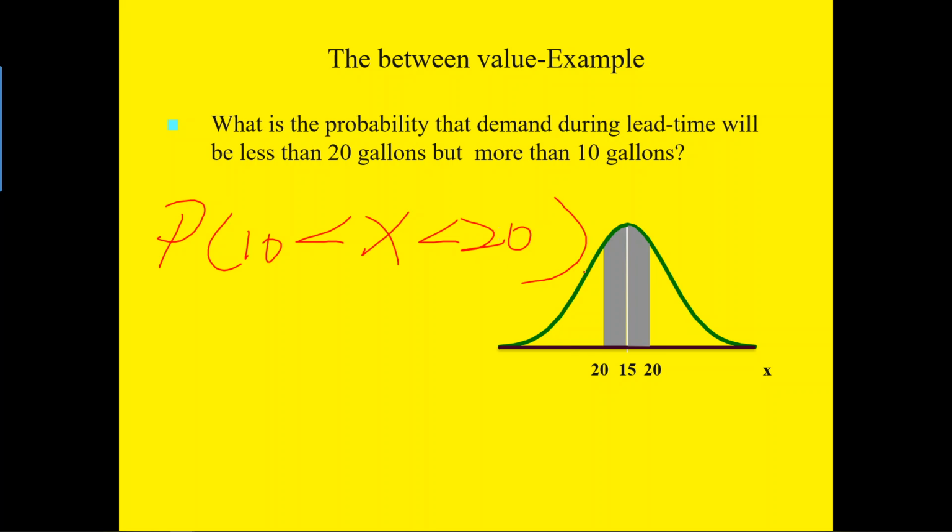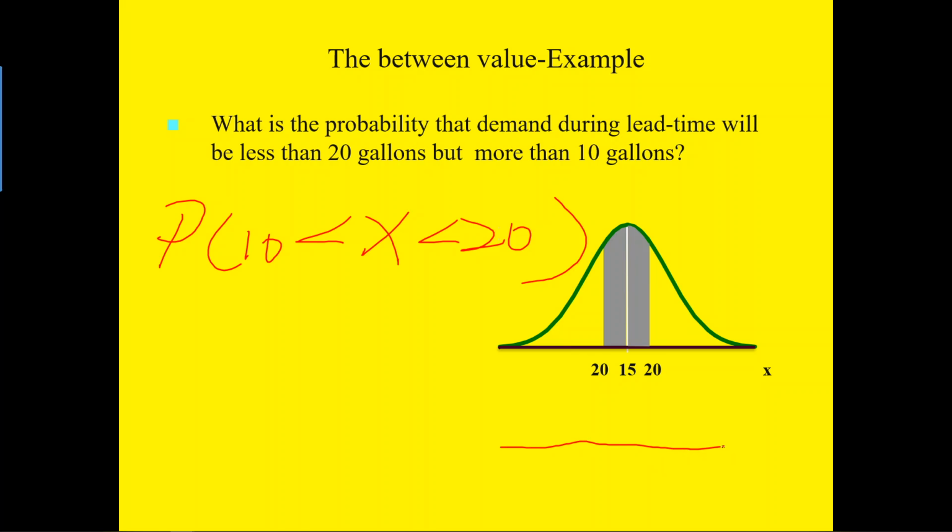How do we calculate it? We need the chart to help us out. You can see on this diagram, the probability between 10 and 20 is this gray shaded area. However, we won't be able to get it directly using Excel. We're actually going to go through several steps.